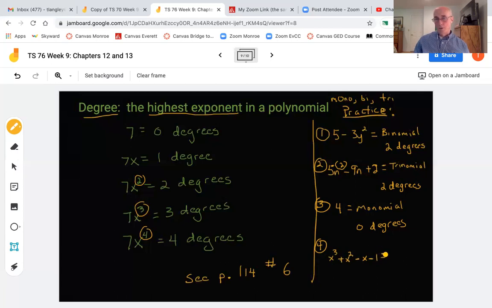And they ask you, is that a polynomial, is that a monomial, binomial, or trinomial? You would say, I got 1 term, 2 terms, 3 terms, and 4 terms. It's none of the above. It's not a mono, a bi, or a trinomial. And then to what degree is it? What's the highest exponent? So it's 3 degrees.